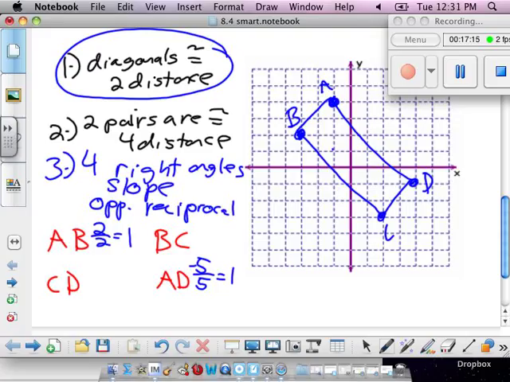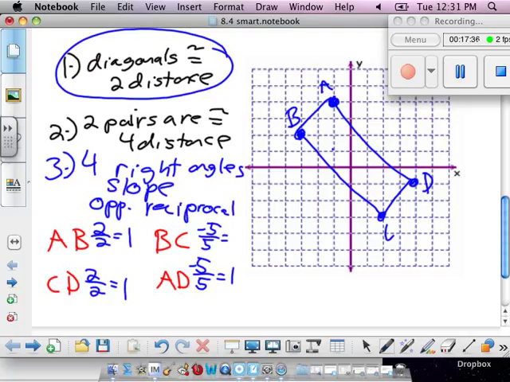Okay, what would CD be? CD, I go up from C, 1, 2 over 2. 2 over 2 gives me 1. What do you think BC is going to be? Negative 5 over 5 or 5 over negative 5? Let's look. B to C, I go down negative 5 over positive 5.